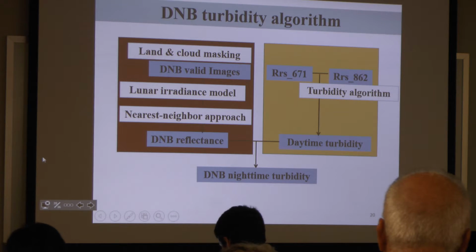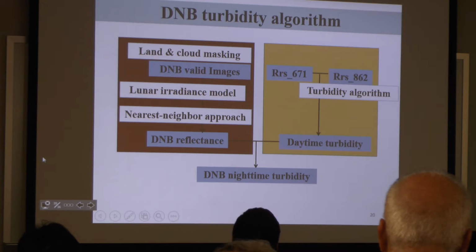In the following slide, I will talk about the development of the daylight band turbidity algorithm. The ultimate goal is to use daylight band data to estimate nighttime turbidity by matching daylight band reflectance and daytime turbidity.